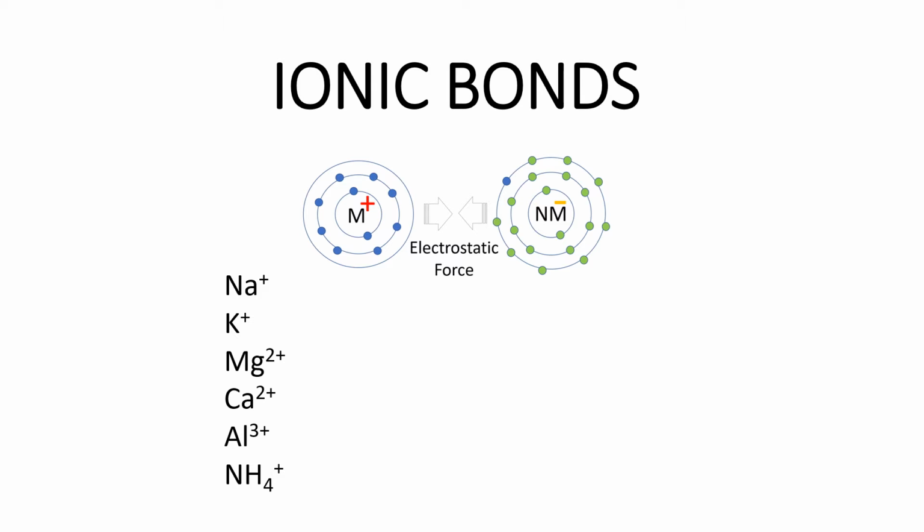This is one example of a multi-atomic ion with positive charge. These are not considered metallic ions. It may be non-metal. Nitrogen and hydrogen are both non-metals, but combined together they form this multi-atomic ion with a positive charge.